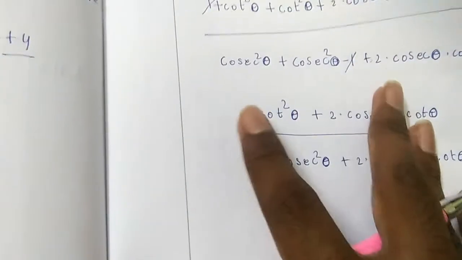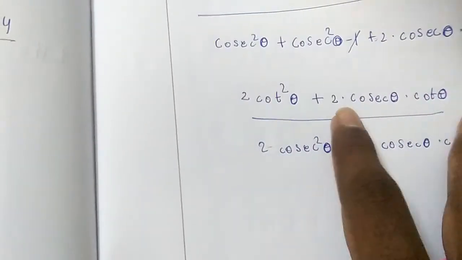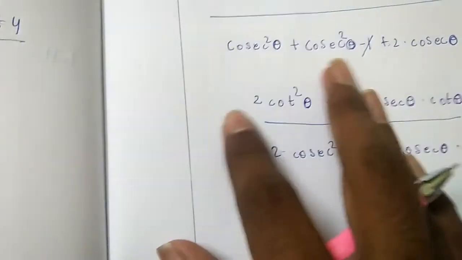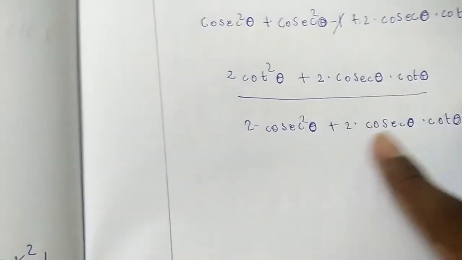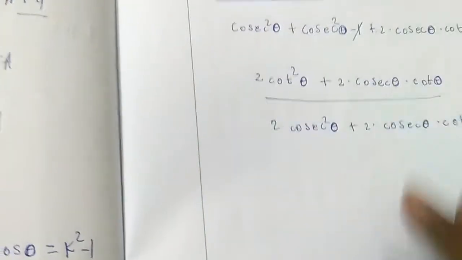Now here 2 cot square theta, here 2 cot theta, so here also 2 cot is there, here also 2 cot is there, here 2 cosec square theta, here 2 cosec theta, so both are commonly there here.